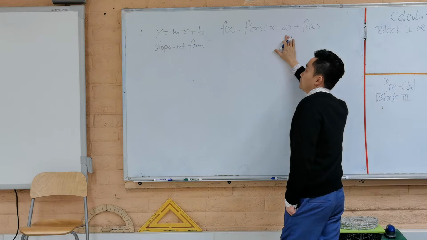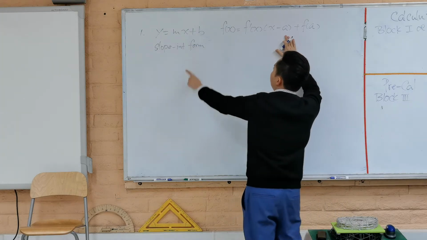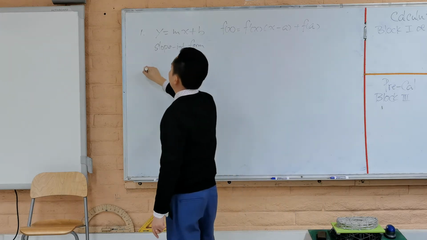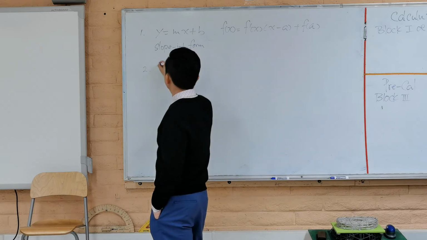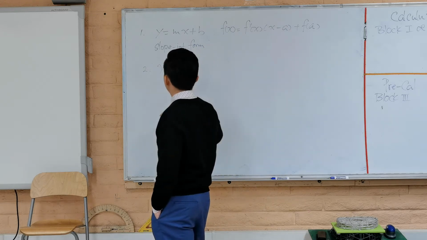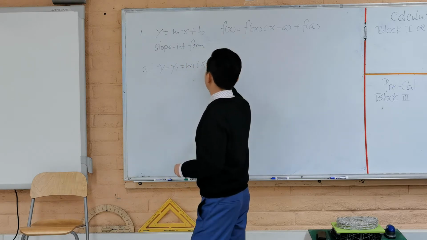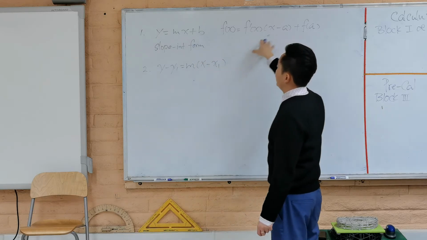So what I'm doing here is just a comparison, things that you learn from algebra 1 versus calculus. And then the other one is the point-slope form, which is y minus y1 equals the slope times the difference of x minus x1. Compared back to this form, this one is quite similar.